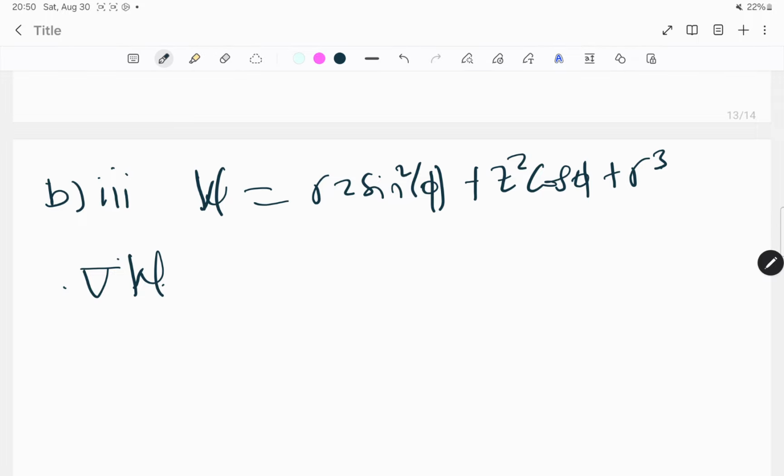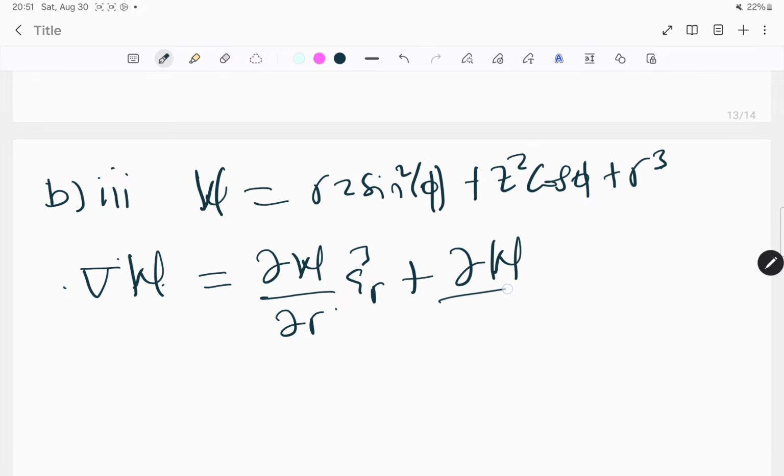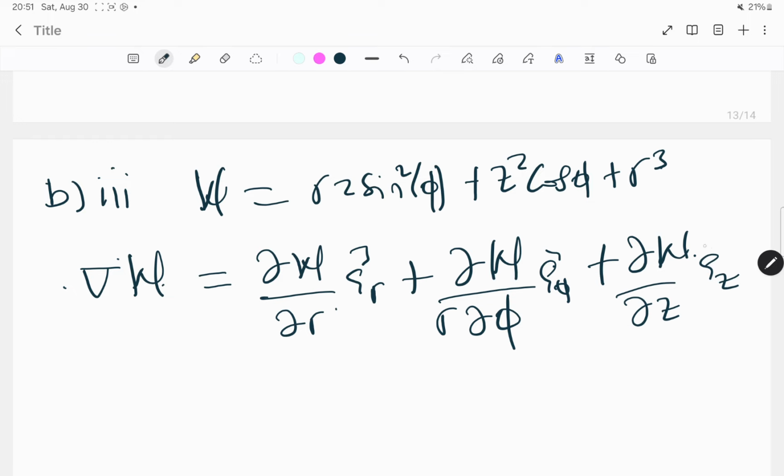The gradient in cylindrical coordinates will be dW over dR, the unit vector AR, plus 1 over R dW over d phi, the unit vector along the direction of the angle of rotation, plus dW over dZ, the unit vector on that.